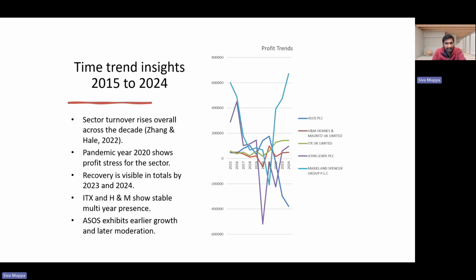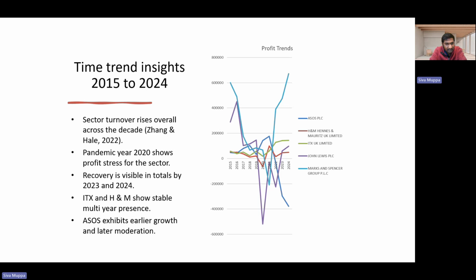Coming to the next slide, the time trend insights 2015 to 2024. Sector turnover rises overall across the decade. Pandemic year 2020 shows profit stress of the sector.